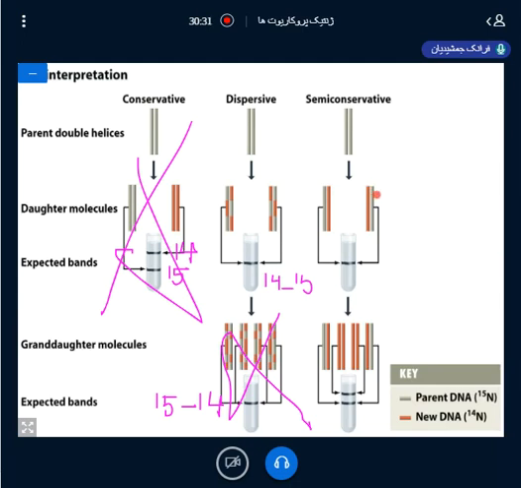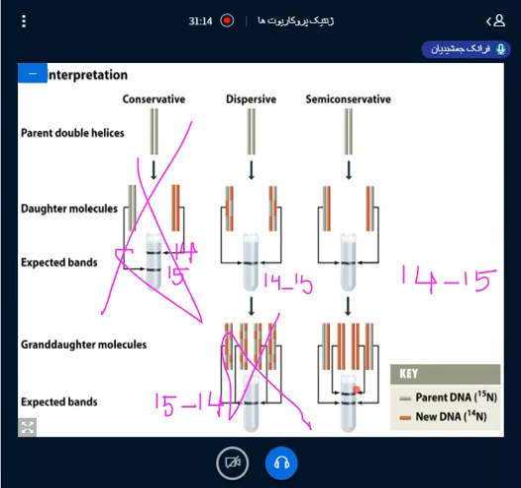And semi-conservative has one band combination of new and old. So we have one band combination of 14 and 15. Is it right up to now? Yes. Okay. After the second cell division, listen to me.